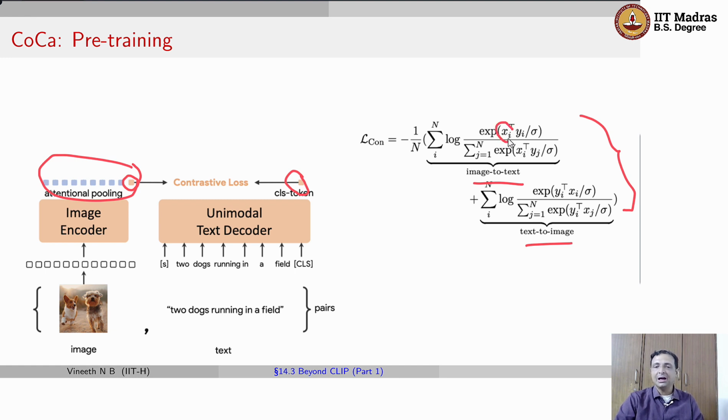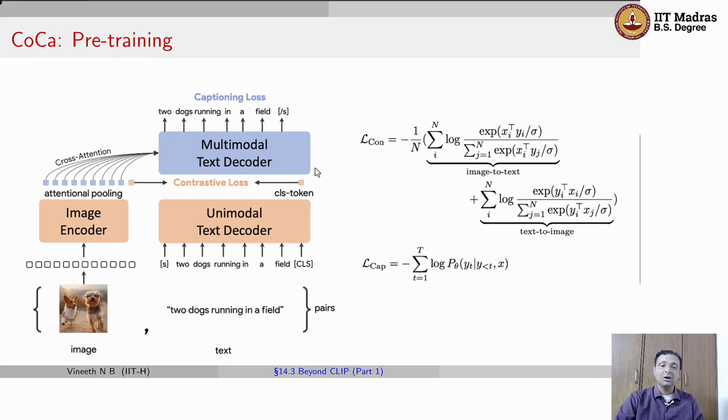So xi and yi are the corresponding outputs of the language and the text component. So they compare the positive ones where they want to increase the similarity and the negative ones where they want to decrease the similarity using standard softmax kind of contrastive loss. Okay, here is the equation that they use. We are not going to walk over the equations. This is fairly a straightforward form of contrastive loss that they use.